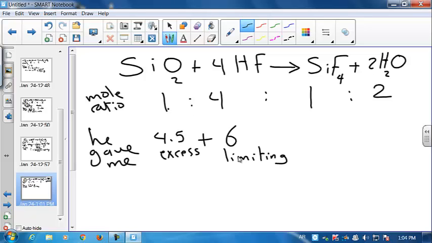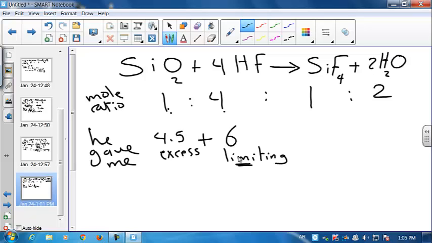This 4.5 mole does not have enough hydrogen fluoride to react with. But with 6 moles of hydrogen fluoride, according to the ratio, they need only 1.5, and you already have 1.5 and more of silicon dioxide. So silicon dioxide is the excess reagent and hydrogen fluoride is the limiting reagent.